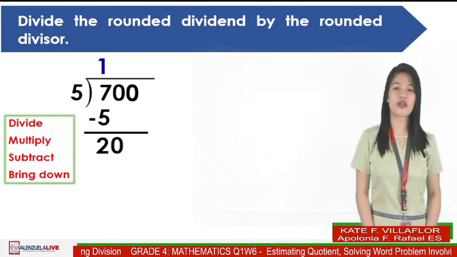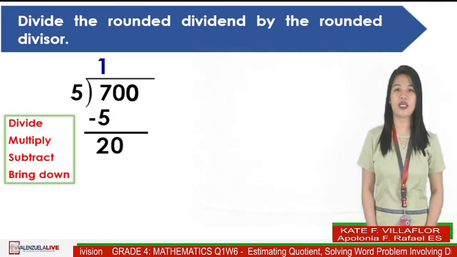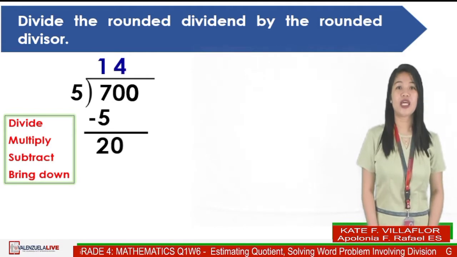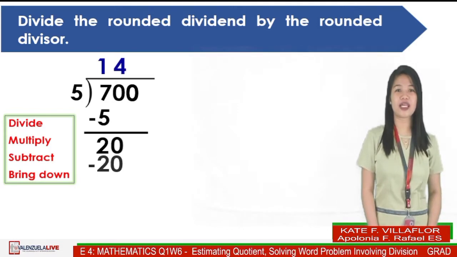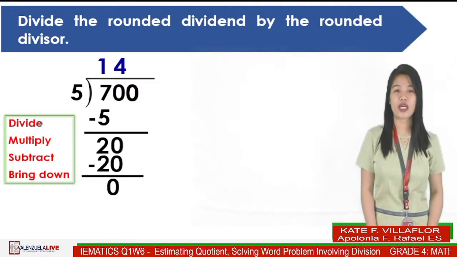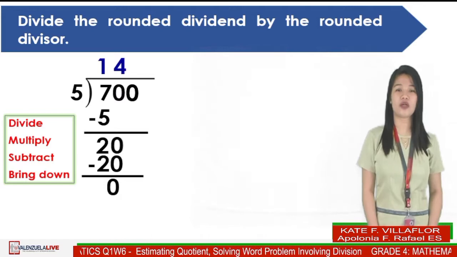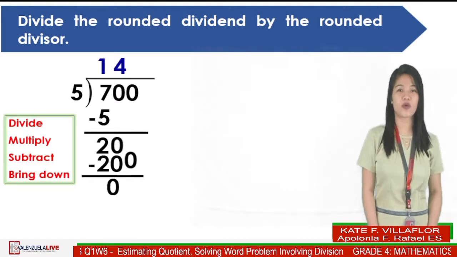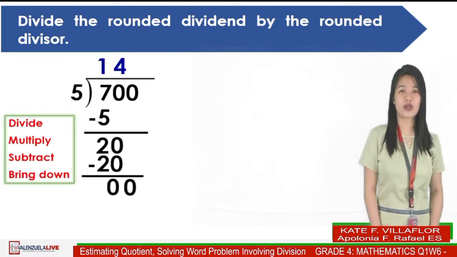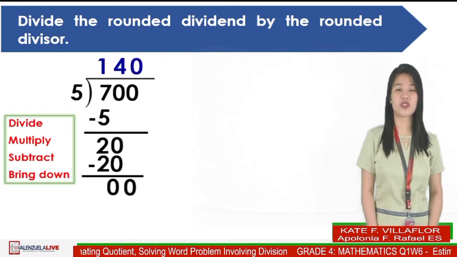Continue the process, or repeat the process in dividing. 20 divided by 5, the answer is 4. Then 4 times 5, the answer is 20. Then subtract. 20 minus 20 is equal to 0. Then bring down 0. Repeat the process of dividing. 0 divided by 5 is equal to 0.